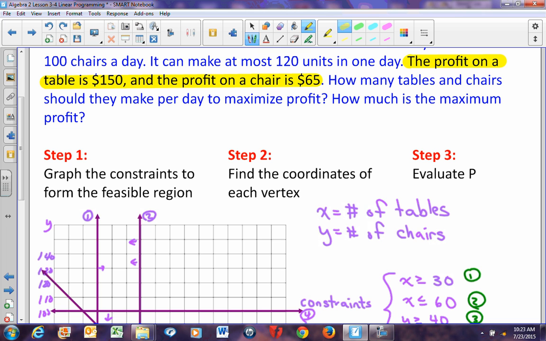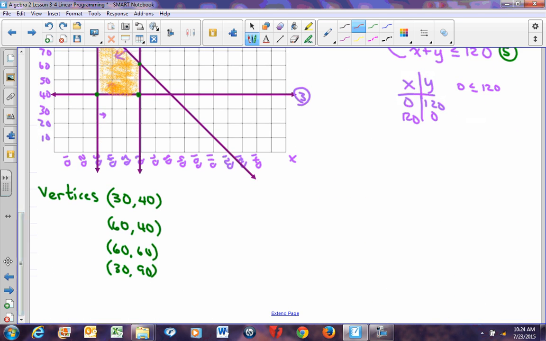So my profit is going to equal $150 per table plus $65 per chair. So P equals 150x plus 65y. I'm going to use that equation to maximize my profit.